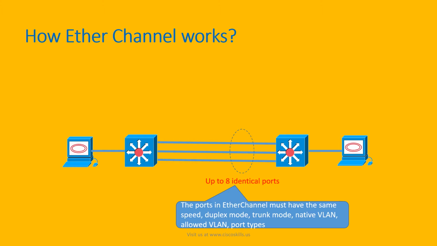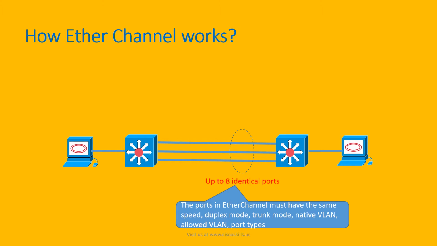So now we have EtherChannel configured between the two switches. Let's see how the traffic is going to be going back and forth across the EtherChannel links. First of all, let's say this computer has a packet and forwards it to this switch like this.